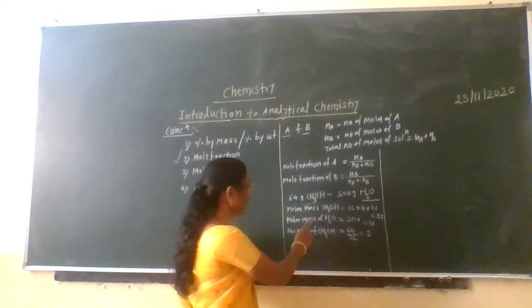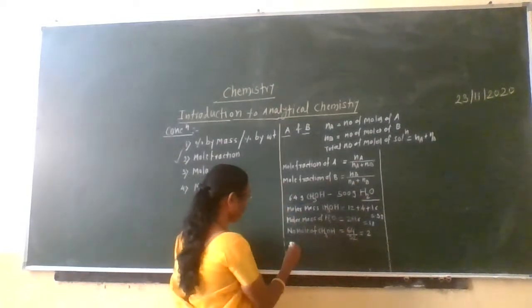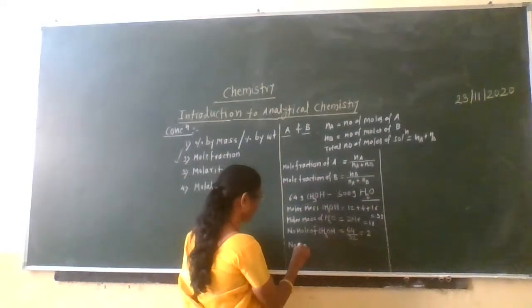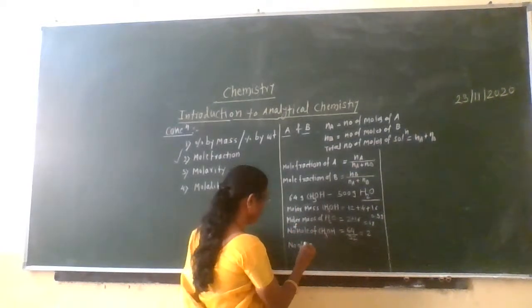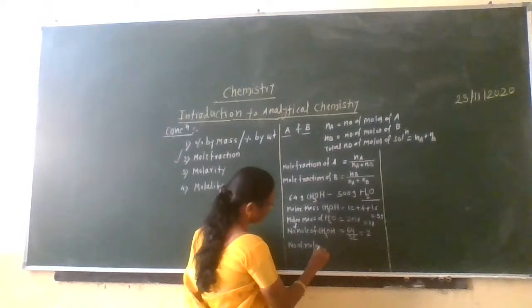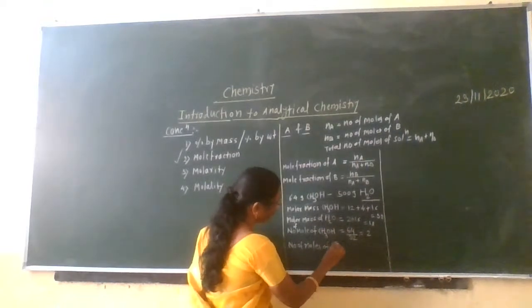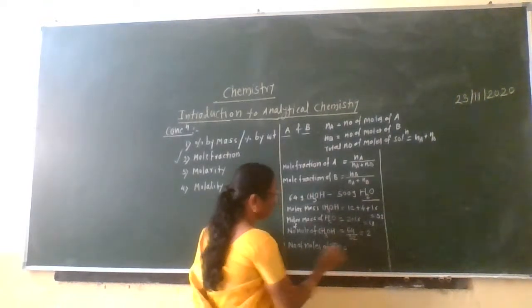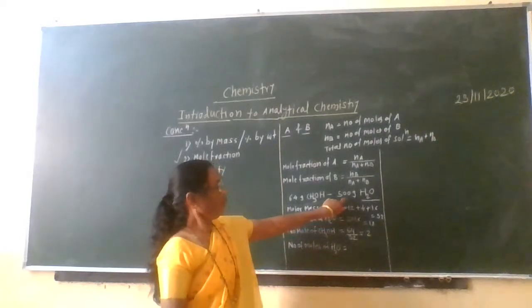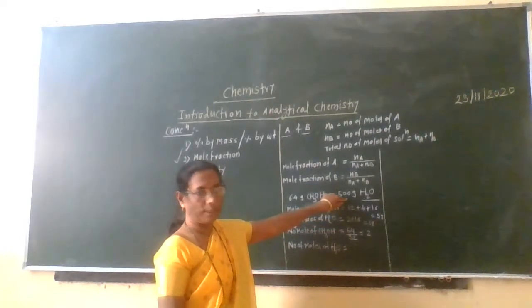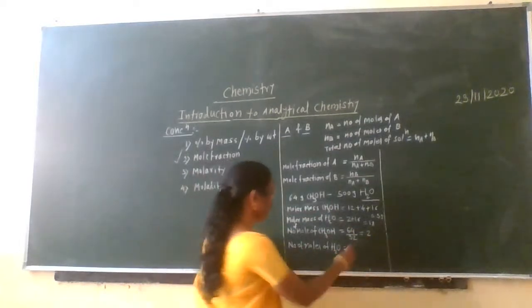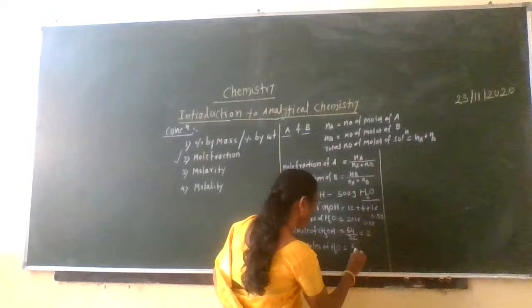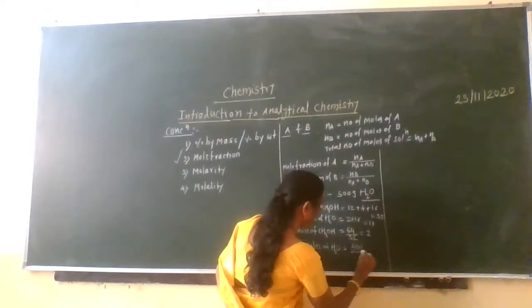Similarly, we can calculate the number of moles of water, H2O. Here the mass of water is given to us as 500 gram, and its molecular mass we have calculated here.